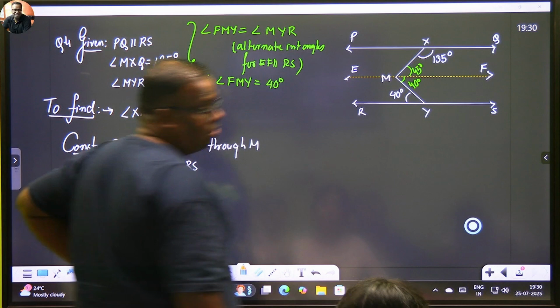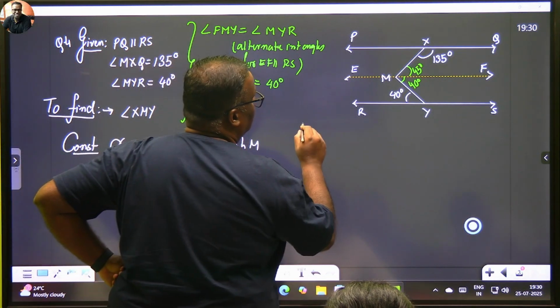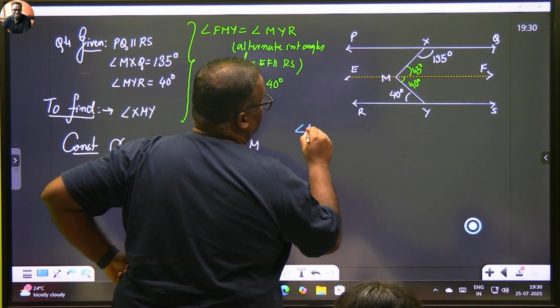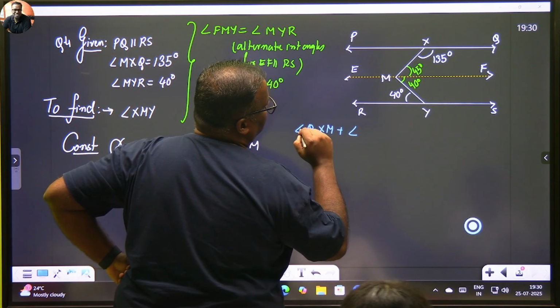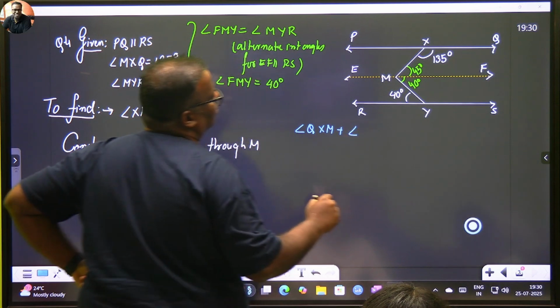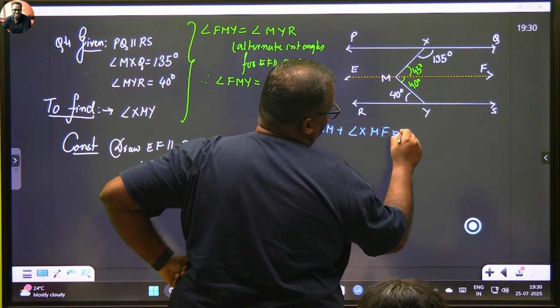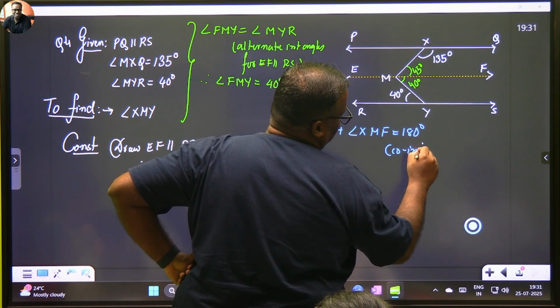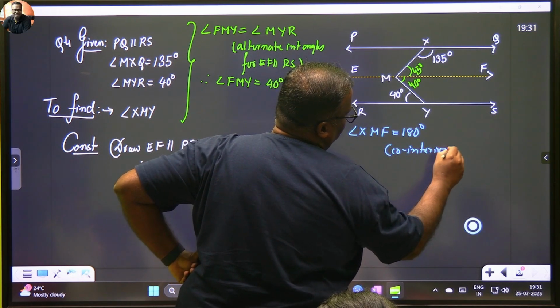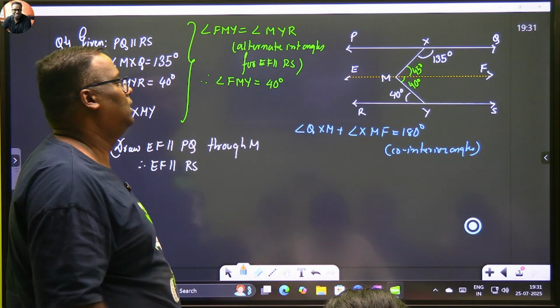Dipti, did you understand or not? Okay. And similarly, we will write angle QXM plus angle XMF should be equal to 180 degree, co-interior or consecutive interior angles. Perfecto.